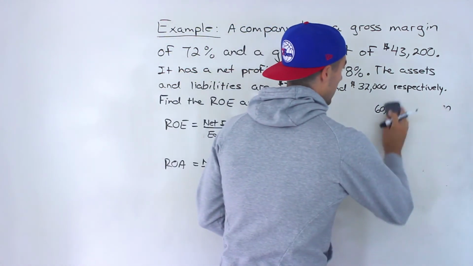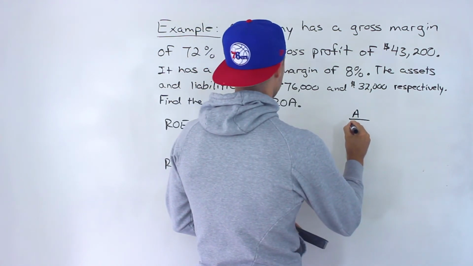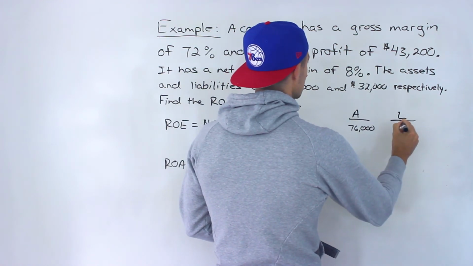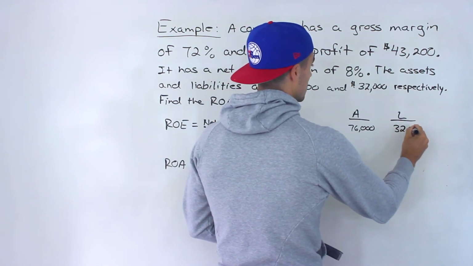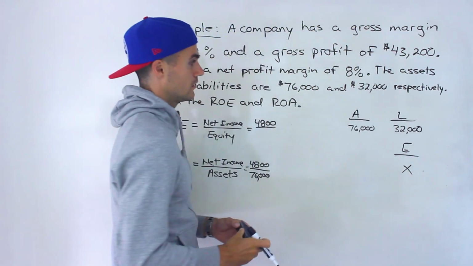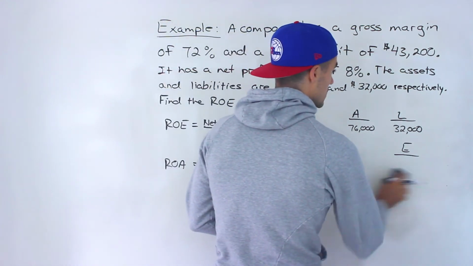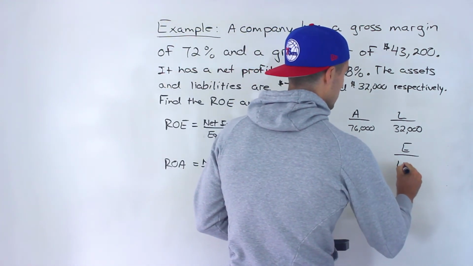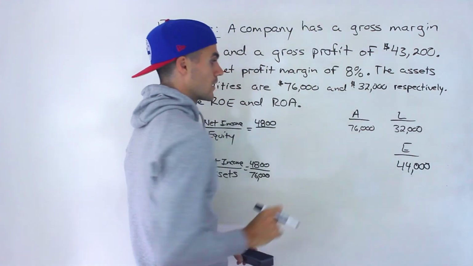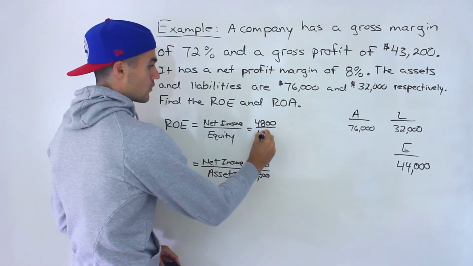If we draw out the balance sheet, we have the assets, which are 76,000, and the liabilities, which are 32,000. So what would the equity be? It would just be 76,000 minus 32,000, which gives us 44,000. Both the left side and the right side have to balance, and so the equity would be 44,000.